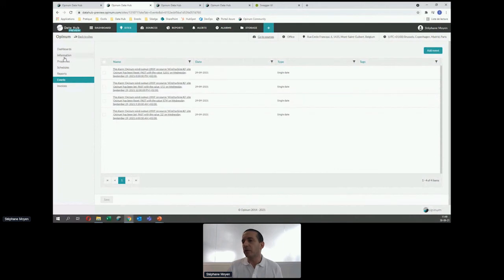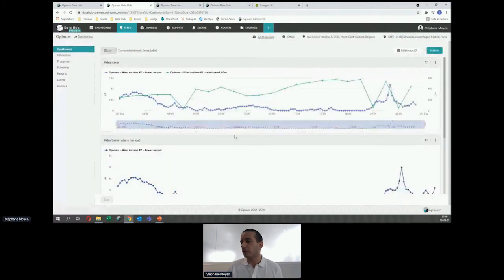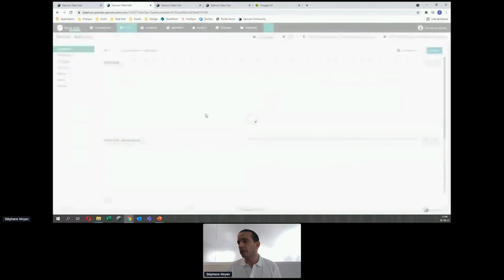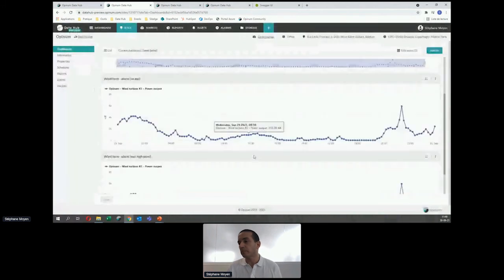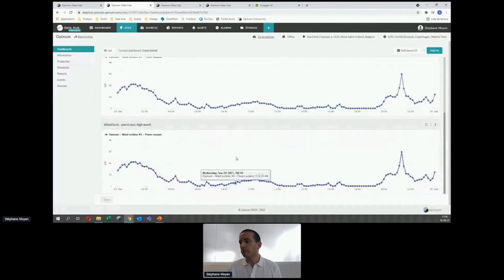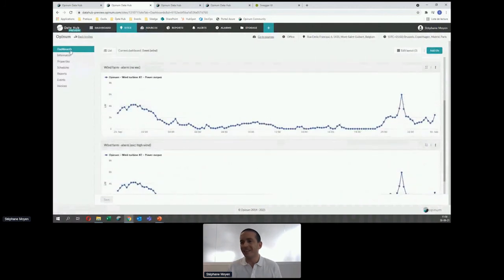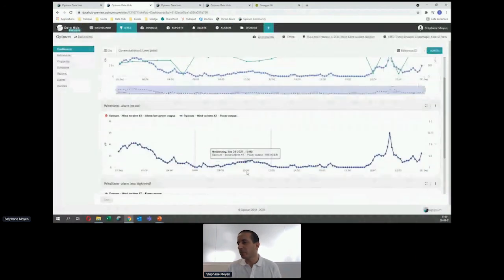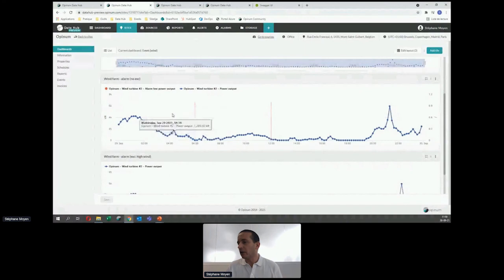And if we go back to the dashboards here, we should be seeing the variable as well. If it can go. This is demo effect. There it is. So you can see here, for this one, I have my values.